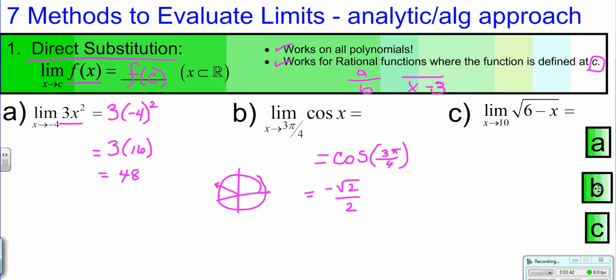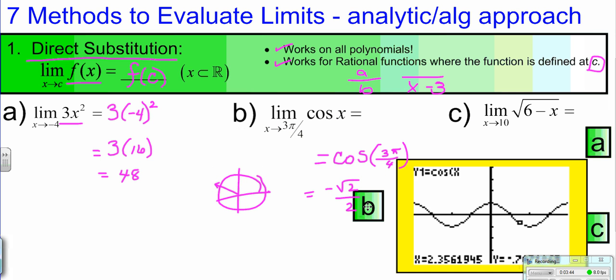I have a graph that we could look at on this. Here's pi over 2, and 3 pi over 4 sits between them. Notice it's down below the x-axis. This would be -1, so -0.7 makes sense.